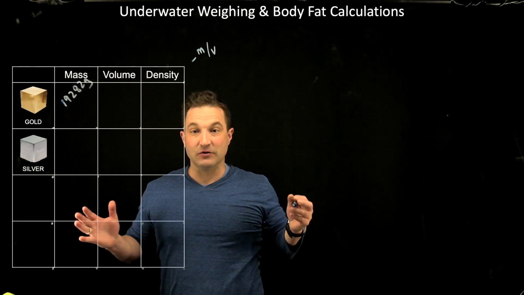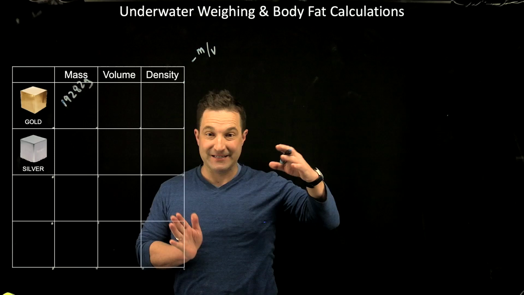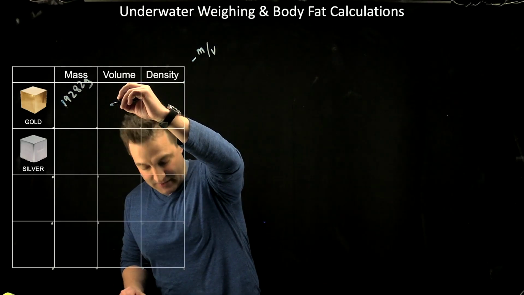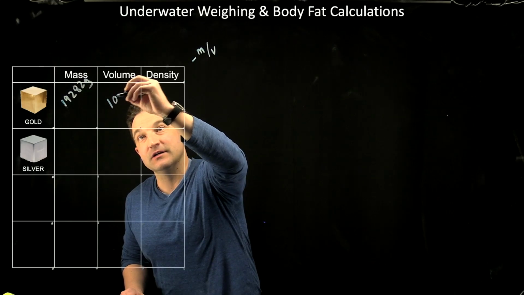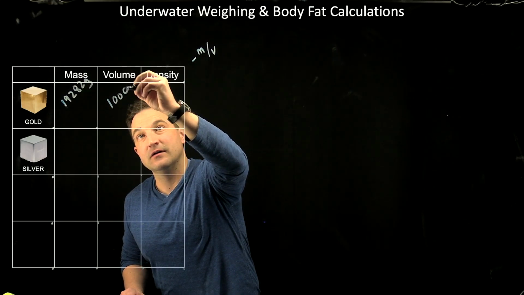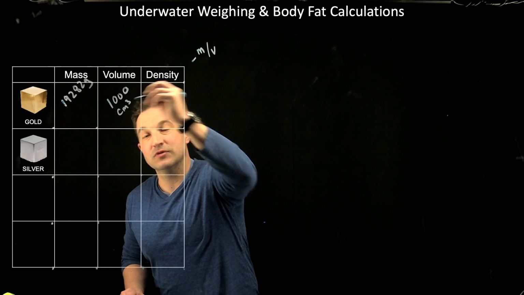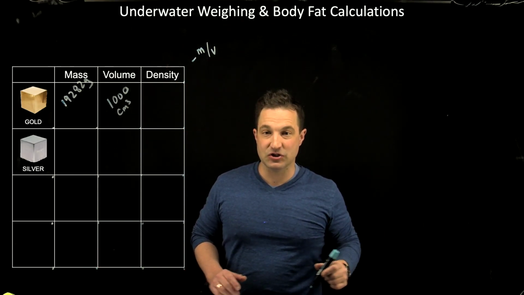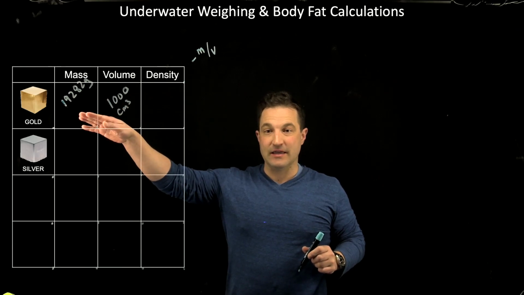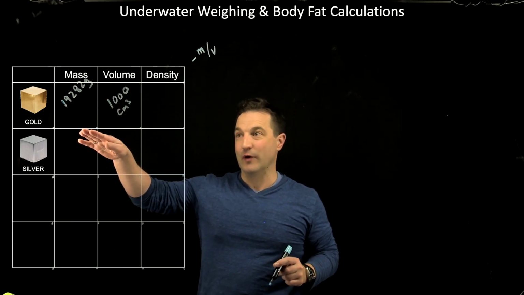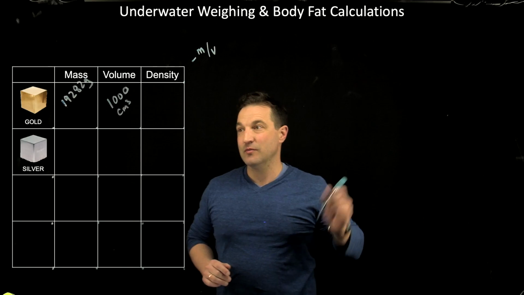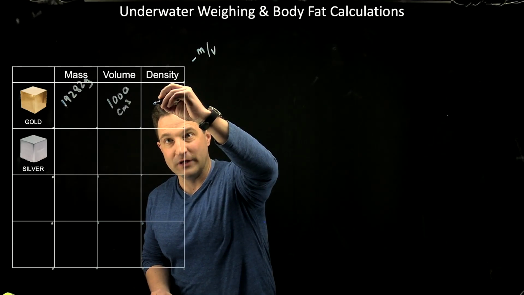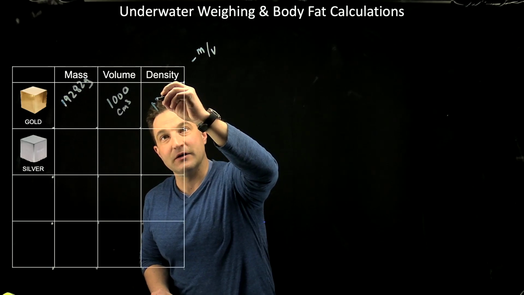Now, since I already said that it was about 10 centimeters by 10 centimeters by 10 centimeters, we just multiply those out, and that gives us 1,000 centimeters cubed. Okay, as we've already discussed, our density is just our mass, 19,282 grams divided by our volume, 1,000 centimeters cubed, and we get our density of gold at 19.3 grams per centimeter cubed.